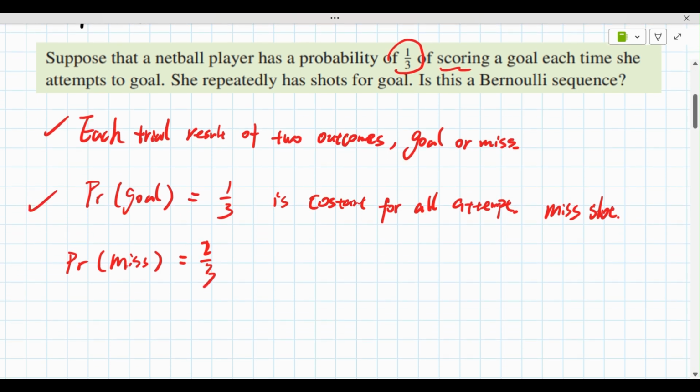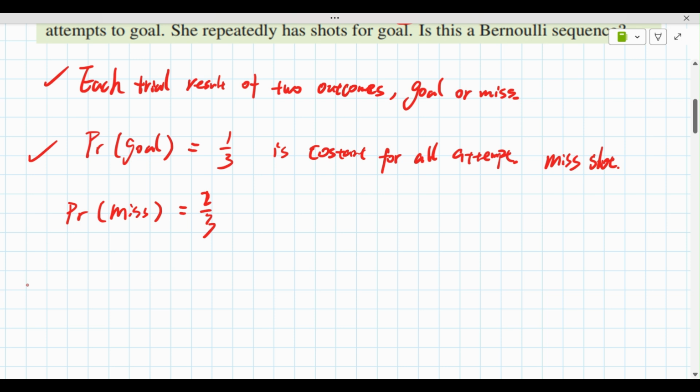So tick. And then the trials are independent, so none of the trials are affected by the outcomes from previous trials. So independent trials. So this is a Bernoulli sequence.